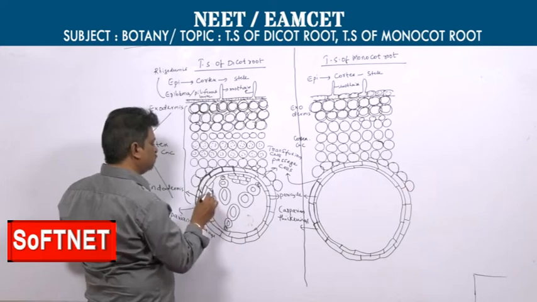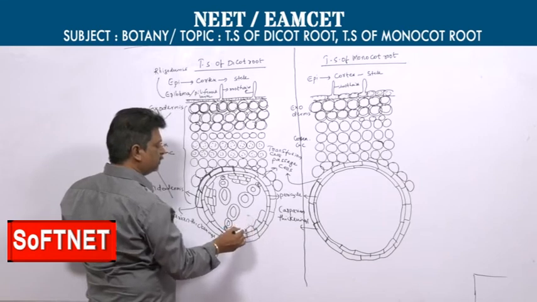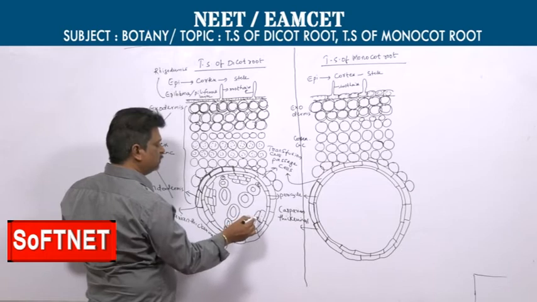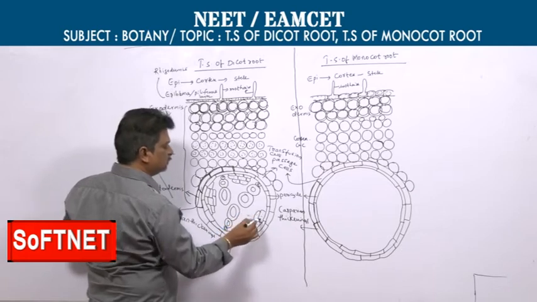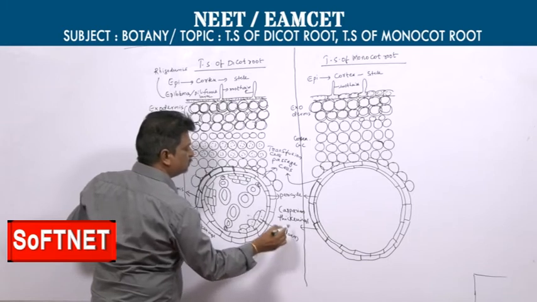So, a root character, either dicot or monocot root: radial vascular bundles.